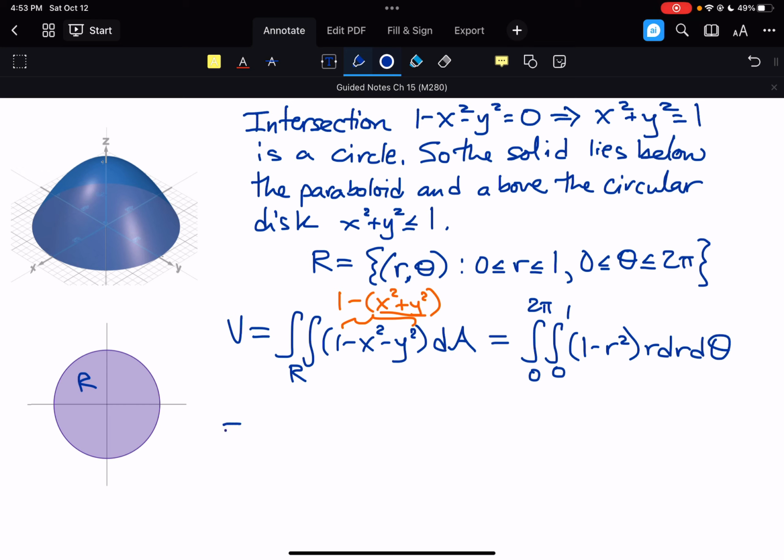So we're going to split out the d theta integral, 0 to 2 pi. Now there were no thetas in here, so that means it's just times 1 times the integral from 0 to 1. I'll distribute in the r, so that's r minus r cubed dr.